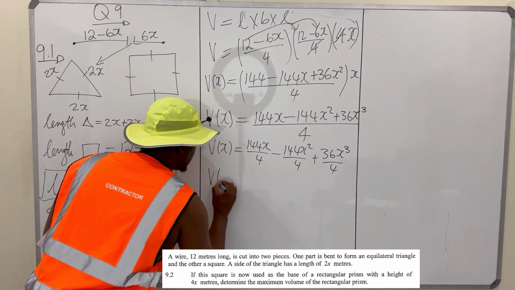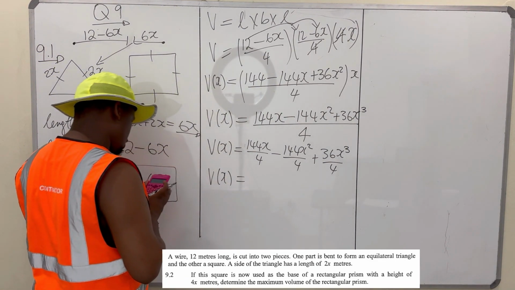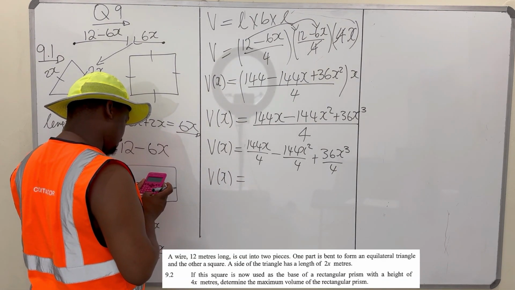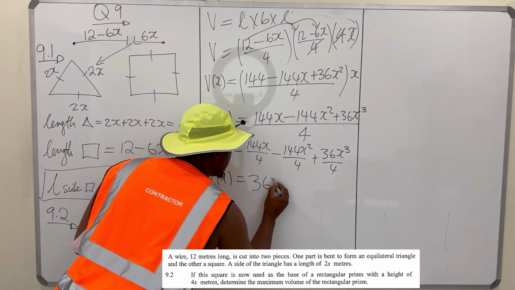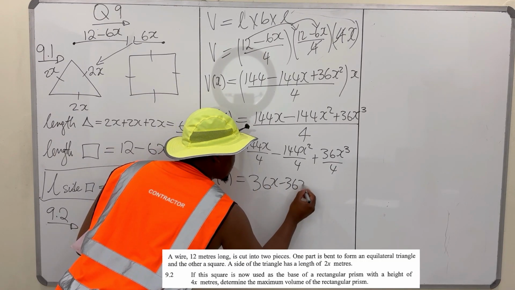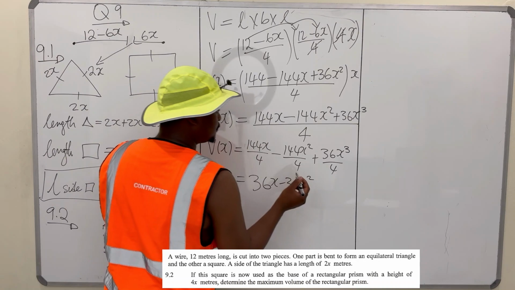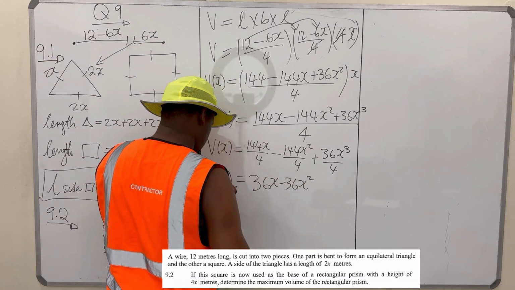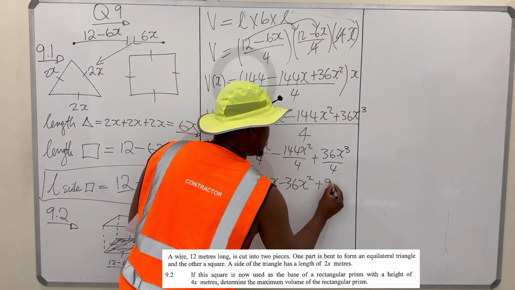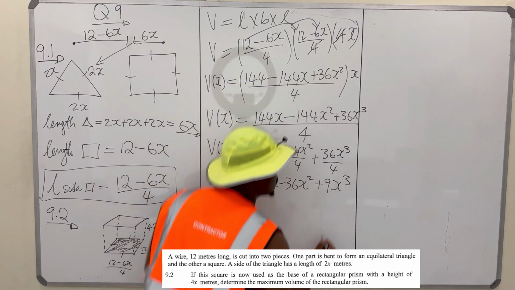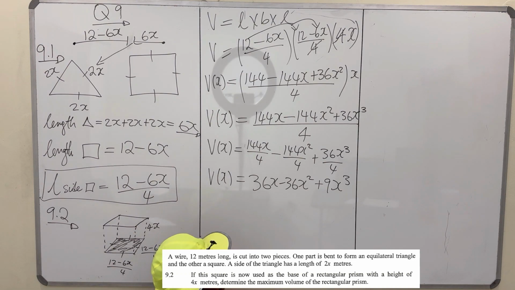So V as a function of x is equal to 144 divided by 4, so we have 36x minus 36x squared plus 9x cubed. Because we want the maximum volume, we differentiate this and equate it to 0.